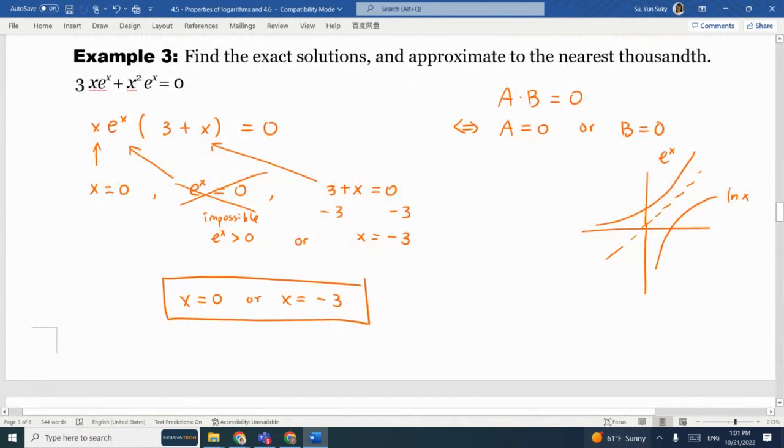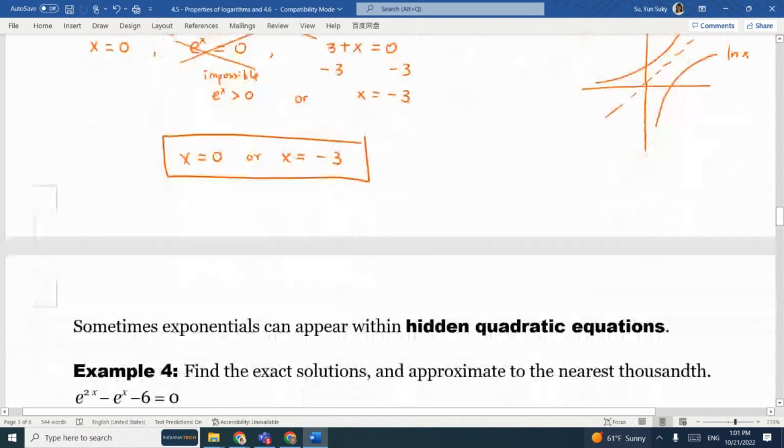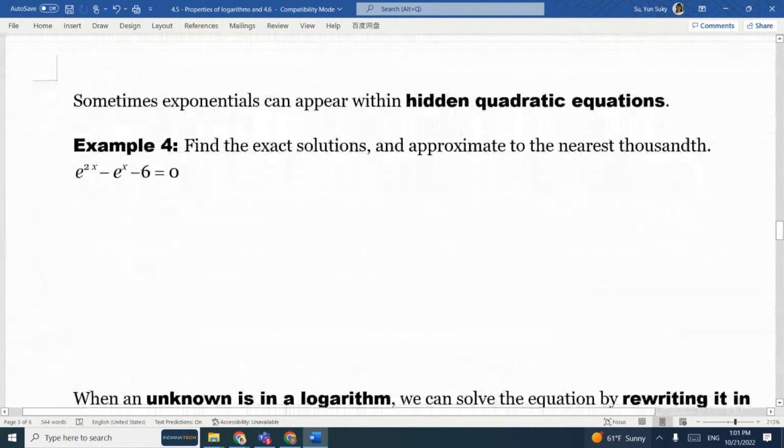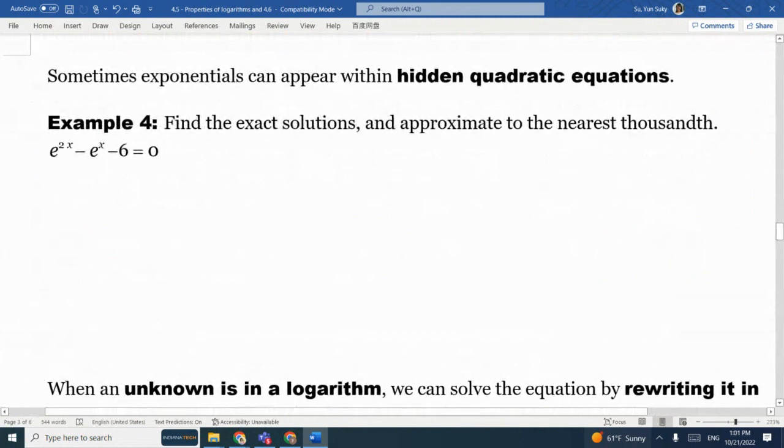All right, let's continue. Sometimes exponentials can appear with hidden quadratic equations. Example 4. Find the exact solution and approximate to the nearest.